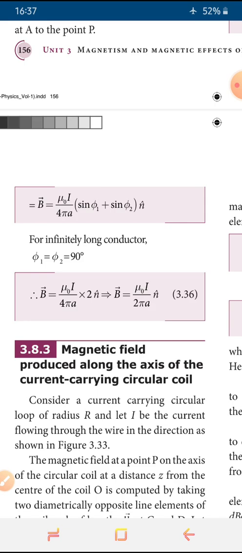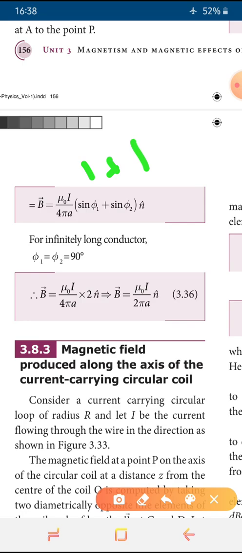Then we are substituting the limits of phi 1 and phi 2 as 90 degree. So mu naught I divided by 4 pi A into sin 90 is 1 plus sin 90 is another 1. Then 1 plus 1 will become 2 here. The equation will become mu naught I divided by 4 pi A into 2 n cap.